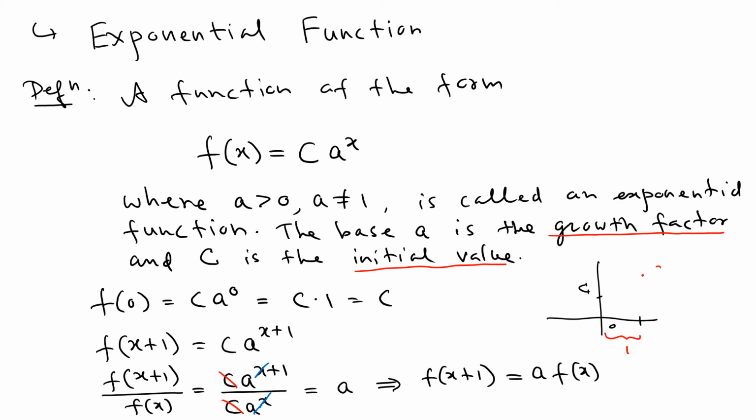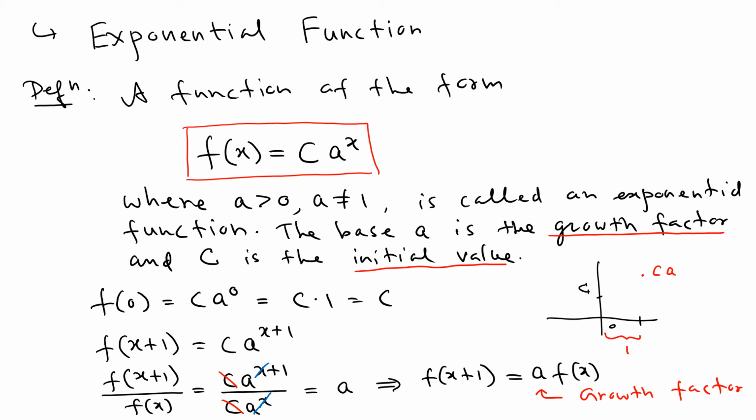Every time you go 1 more unit, it increases by a times. That's why we call a the growth factor, because it increases by that factor for each 1 unit. So this is the definition of the exponential function.